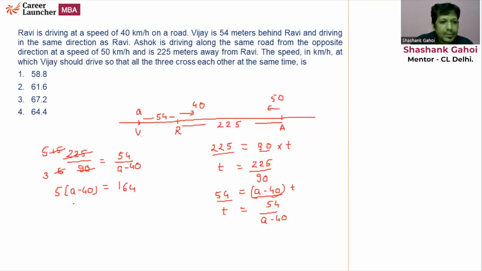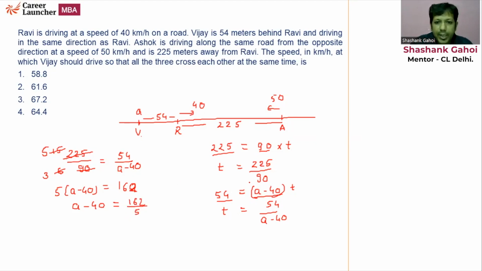Okay. So a minus 40 is going to be, sorry, 162. So 162 divided by 5. So this value is going to be 162 divided by 5.